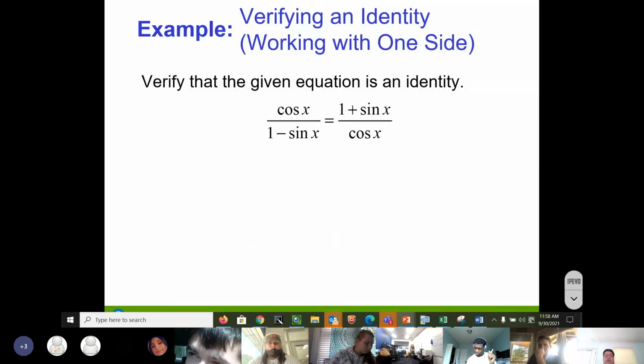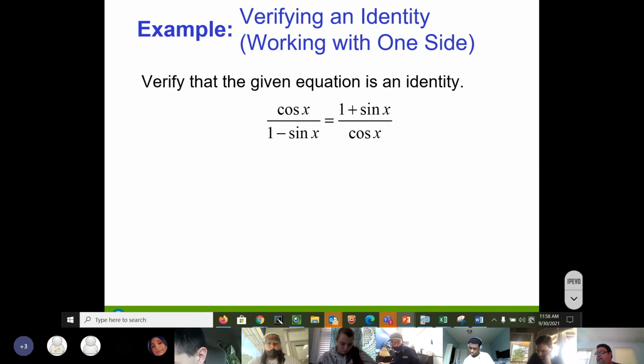Okay, I'm gonna let y'all do this one. Verify that cosine of x over 1 minus the sine of x is equal to 1 plus sine of x over cosine of x. Give y'all a couple of minutes.